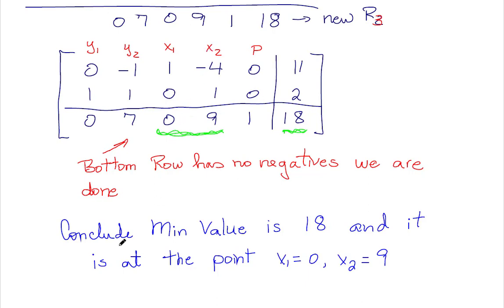So the minimum value is this 18. And it's at the point, which point? Well, x1 is 0, x2 is 9. Okay, so it just appears in the bottom row. Label your columns so you don't get confused as to which one is x, which one is y, and which one is P.